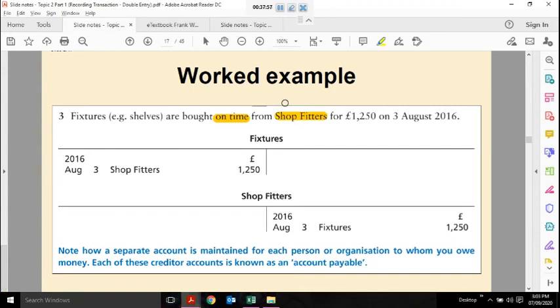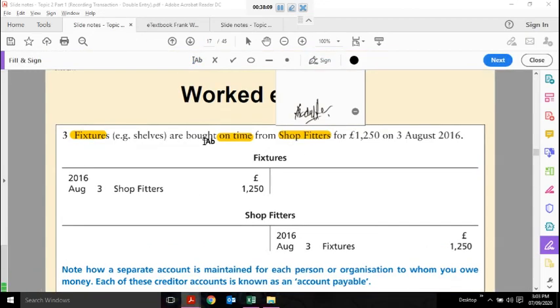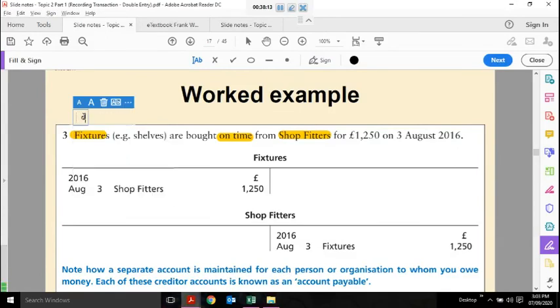You should write your shop fitters account. Before that, your fixtures are your assets, right? So when your asset increases, you will record it on the debit, because your possession increases.